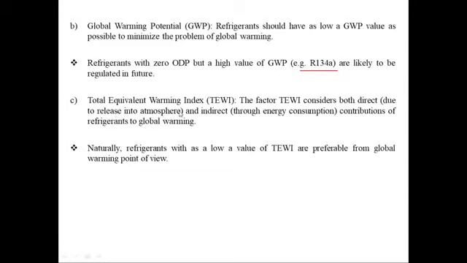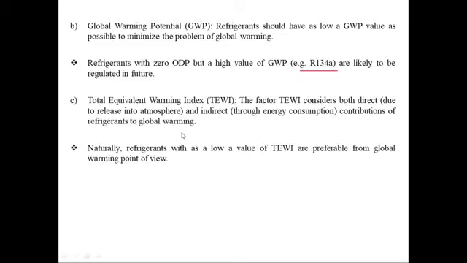Total equivalent warming index. The factor TEWI considers both direct and indirect contributions of refrigerants to global warming. Direct means that if it is released into the atmosphere, it becomes a greenhouse gas, and indirect in the sense that when it is being used, it is using electricity or other things that are produced using fossil fuel.